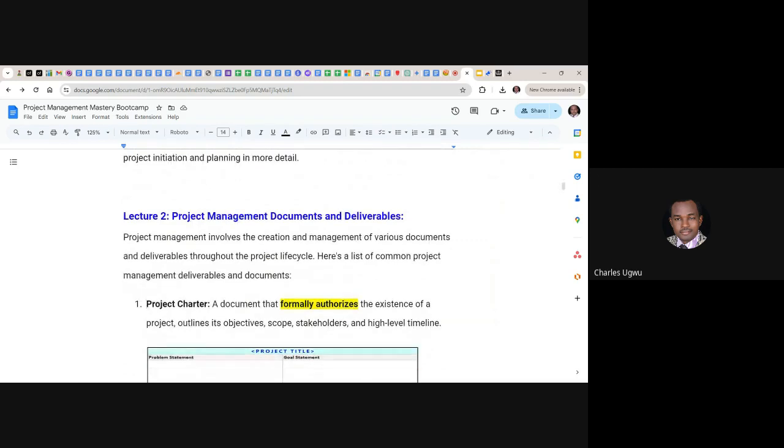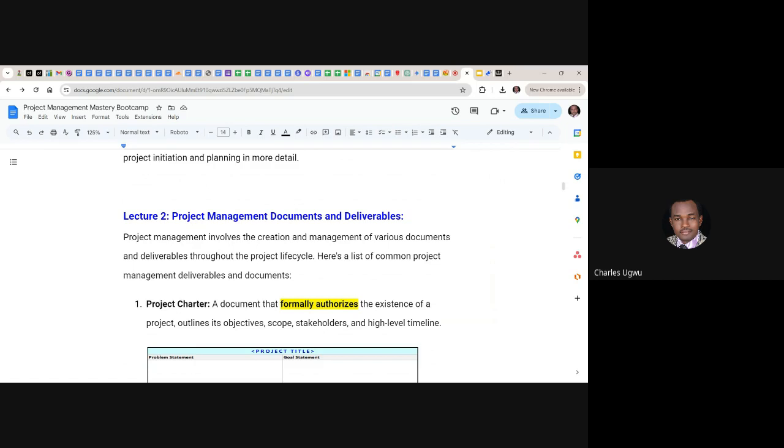When we talk about deliverables, a deliverable must come out as a working document. The project manager will create a task, asking you to do this. While performing that task, and after performing the task, it becomes a deliverable.